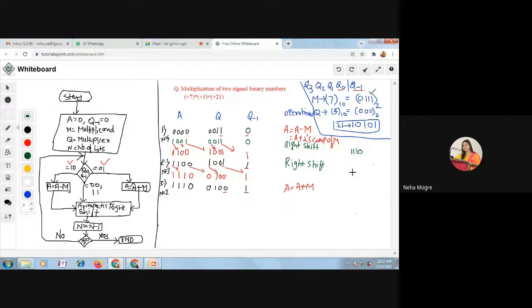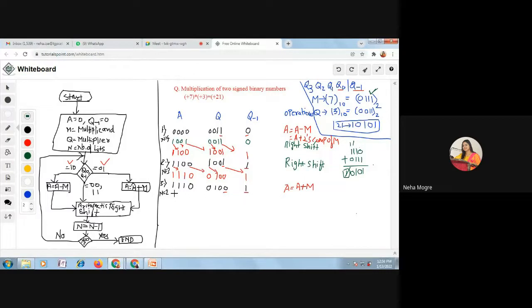And what is the value of M? 0 1 1 1. Yes, very good. Just go for the addition. 0 plus 1 is 1. 1 plus 1 is 0, carry 1. 1 plus 1 is 0, carry 1. 0 plus 1 is 1. 1 plus 0 is 1. 1 plus 1 is 0, carry 1. In this case, just neglect this carry and take the result.